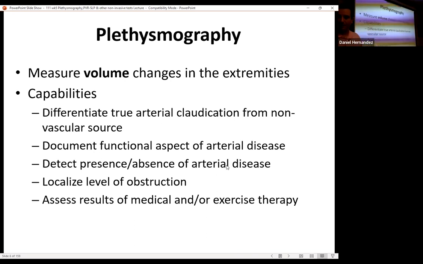We can document the functional aspects of arterial disease, just how much blood flow is getting down the extremity based on what our waveforms look like. It can be used to detect the presence or absence of arterial disease, yes or no, this patient has peripheral arterial disease. And we can use it to localize the level of the obstruction. We look for changes in our waveforms as we go down the leg, which can indicate the presence of disease.